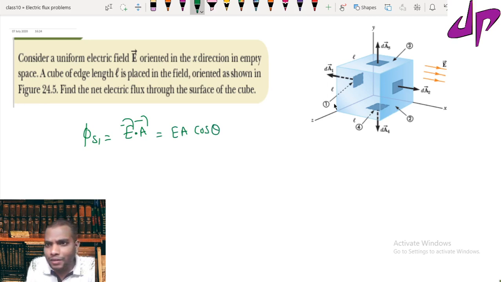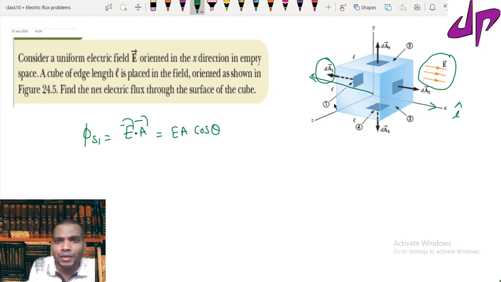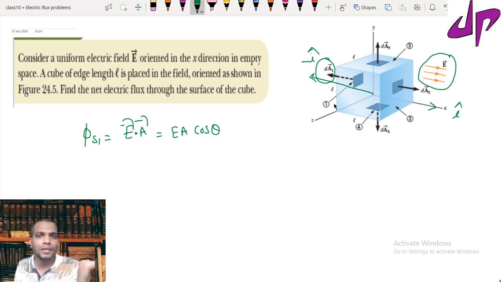Now I know the electric field direction. If you notice here, the electric field is along the positive x-axis, so we can take it as the unit vector i cap. And here A bar is along the negative x-axis. Since we need to represent the area vector, we can take it as negative i cap. It means the electric field vector is along the positive x-axis and the area vector is along the opposite direction. What is the angle between the electric field and the area vector?